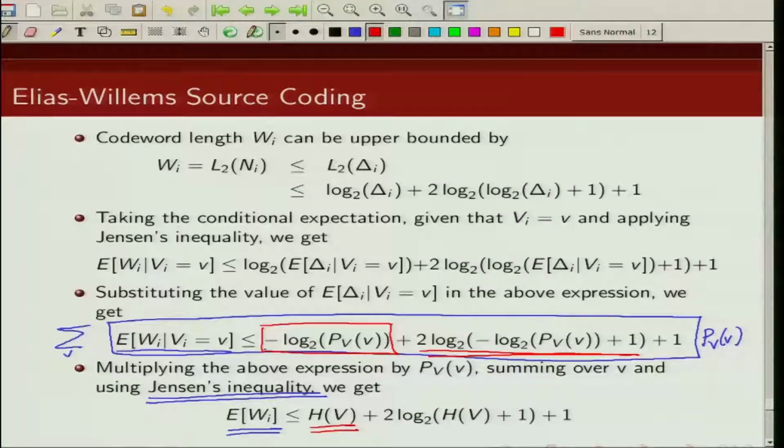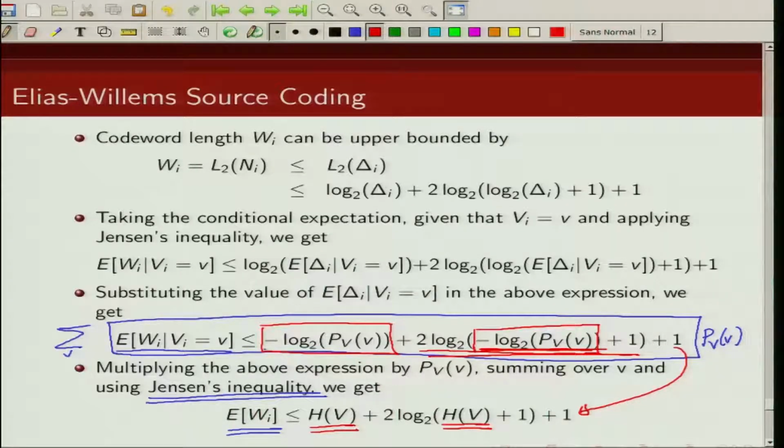So by invoking Jensen's inequality, I can write this as 2 log of, I multiply this by P of V and sum over P of V. So this particular term that you see here will become uncertainty in V. This comes as it is and this one comes here.